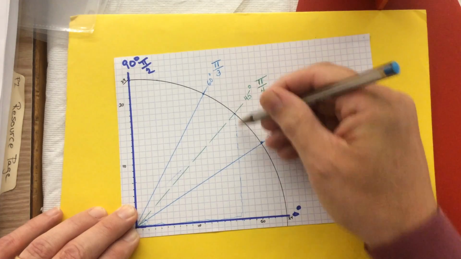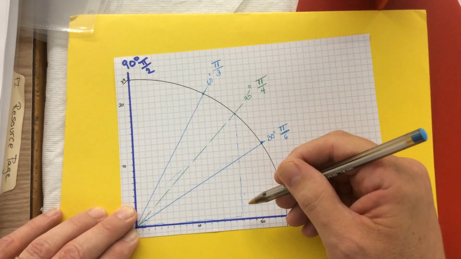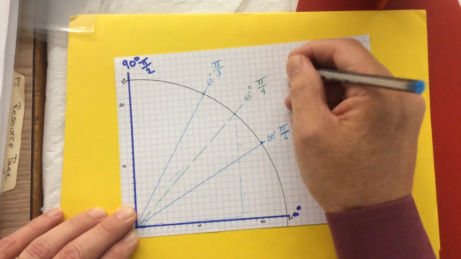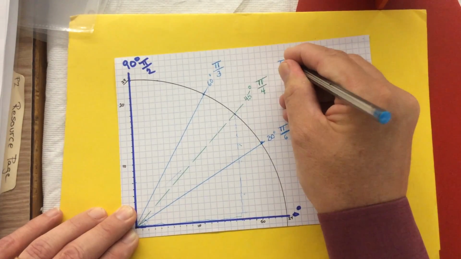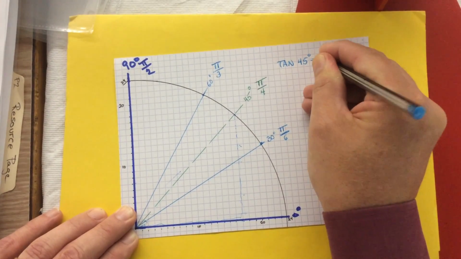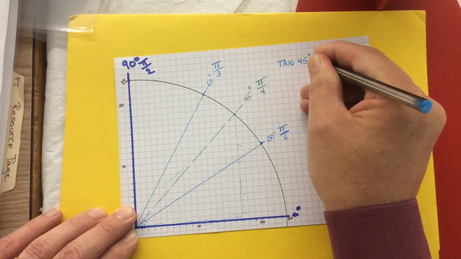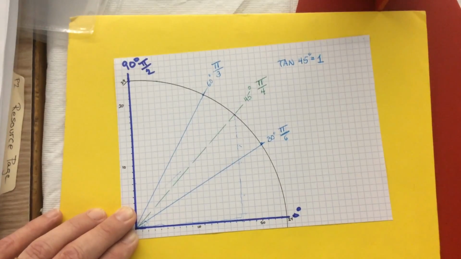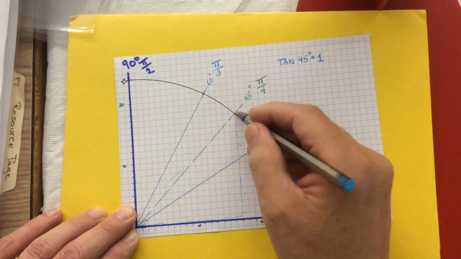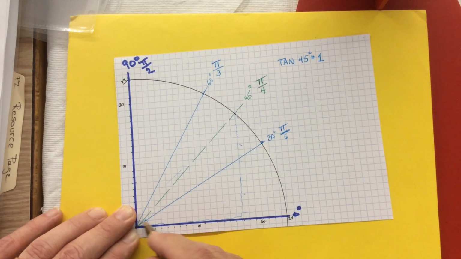This is opposite to the angle we're talking about. So instead of calling this rise over run, we're going to call this opposite over adjacent, and that will be tangent, and the tangent of 45 degrees is equal to 1, and because I know that the tangent of 45 degrees is equal to 1, I know that this has to be 45 degrees. Okay, right here.